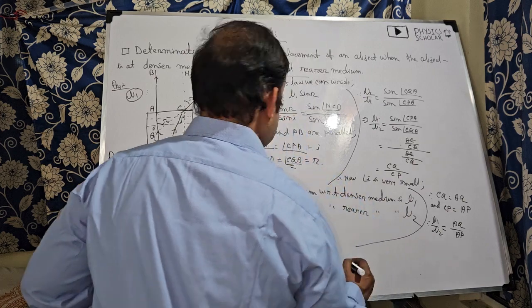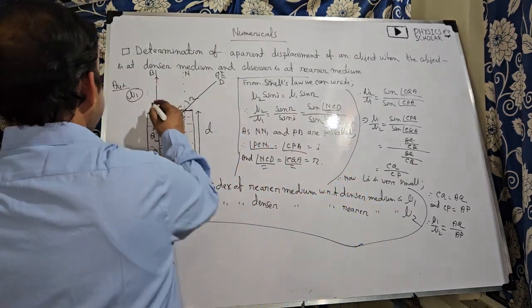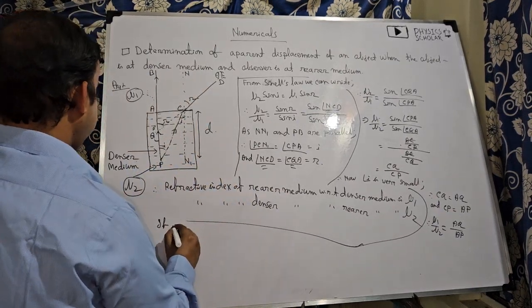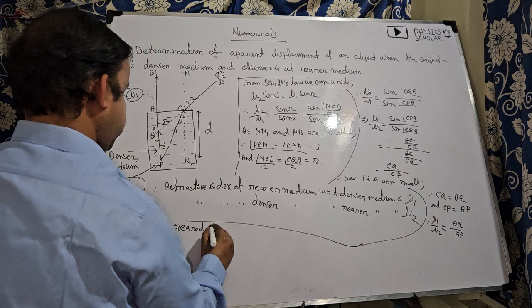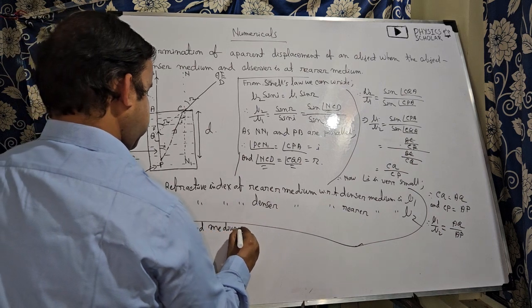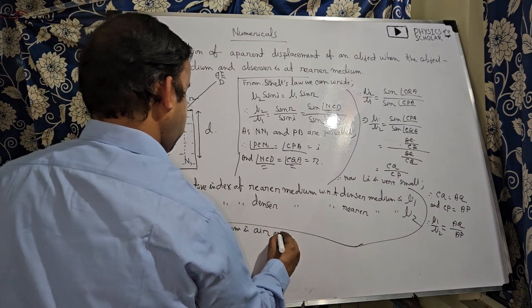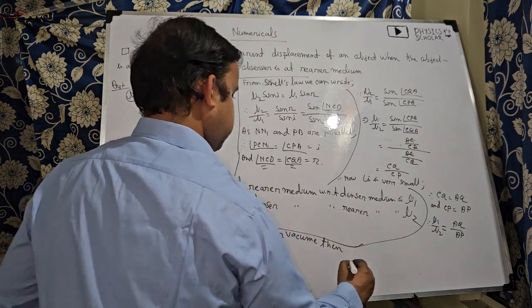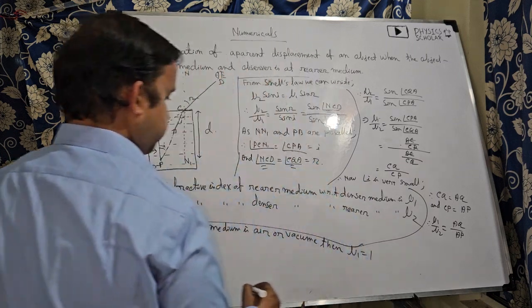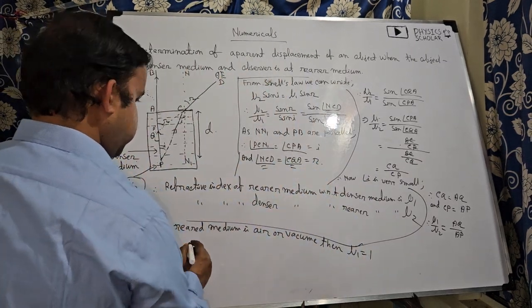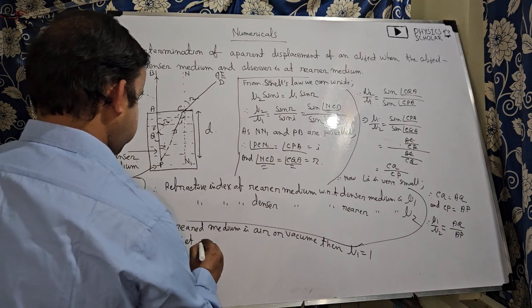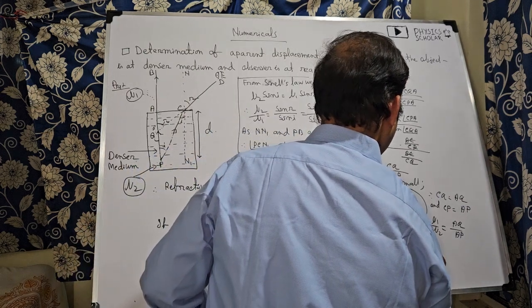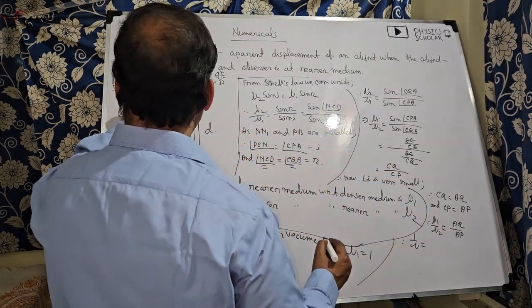Suppose now this medium mu 1 is air. So if the rarer medium is air or vacuum, then mu 1 will be 1. And let mu 2 be equal to mu. So 1 by mu is equal to AQ by AP.